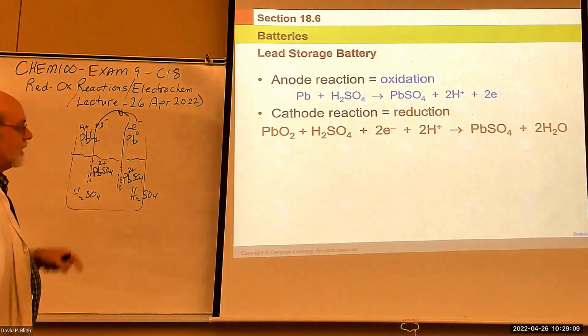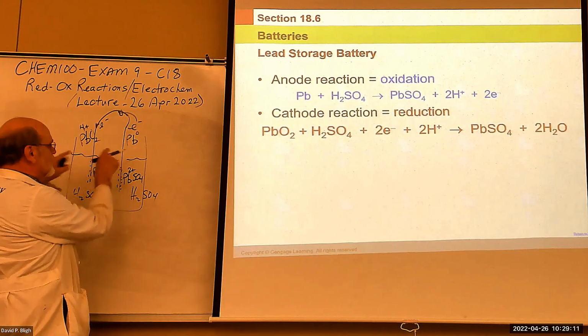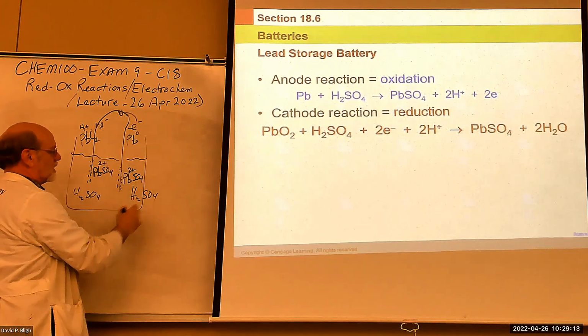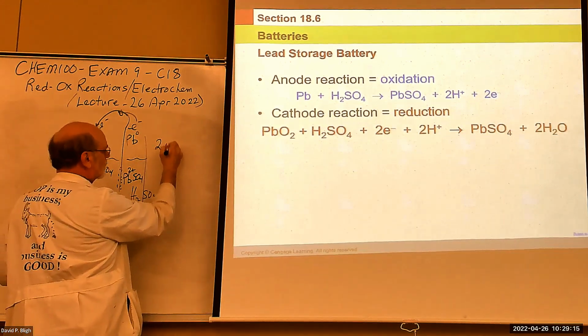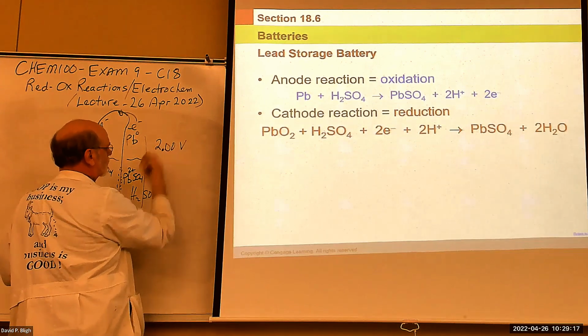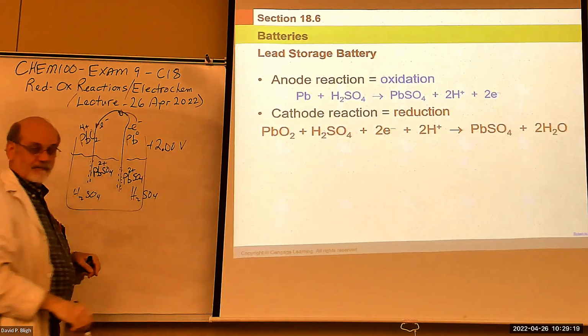So each one of these cells produces 2 volts.